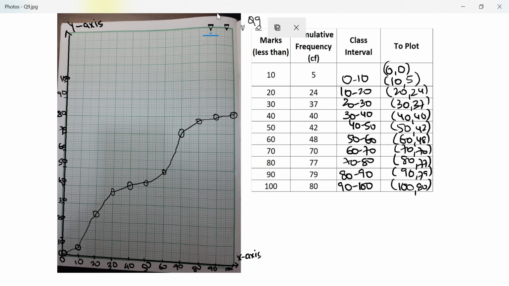Question part 1, median. In this case, n is equal to 80. So the median will be the n by 2th term, which is the 80 by 2th term, which is the 40th term. Now let's look at where my 40th term is.